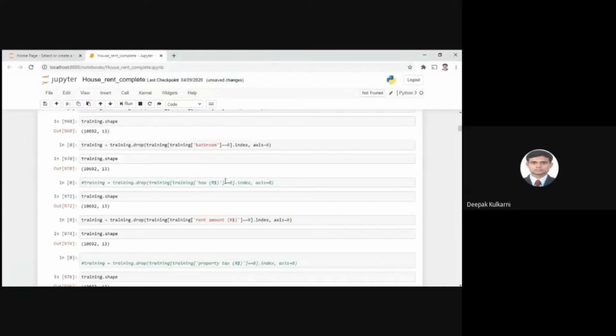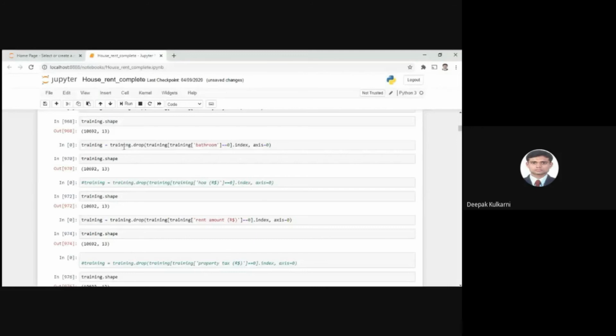Next is training.shape, which gives us how many rows and how many columns are present. So there are 10,692 rows and 13 columns present in the data set.